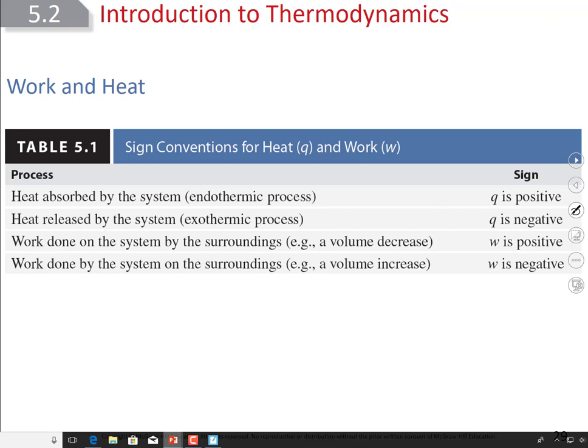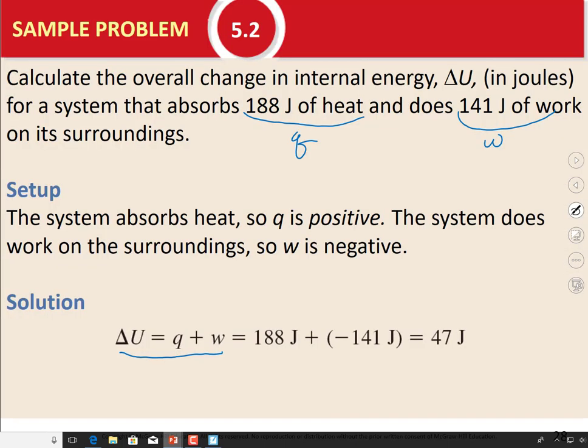It's up to you to look at the words and go, oh, that means Q is not 25, it's negative 25. Now work, you have to really pay attention to the wording for work. If work is done on the system by the surroundings, then work, W, is positive. If work is done on the surroundings or by the system, depending on the wording, then your work is negative. So let's go back to our question here.